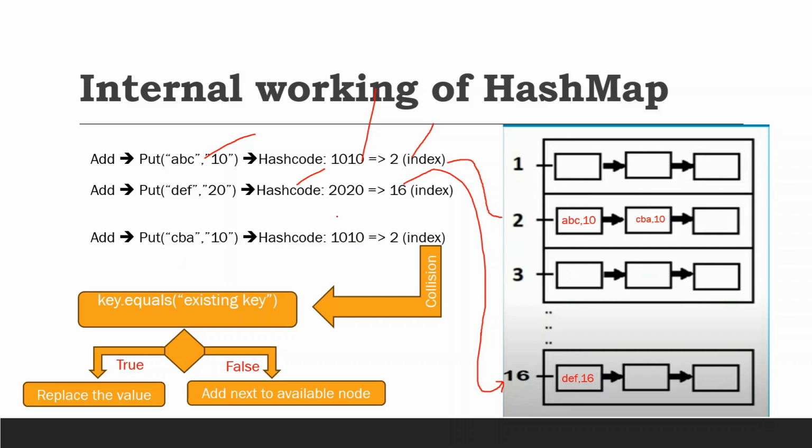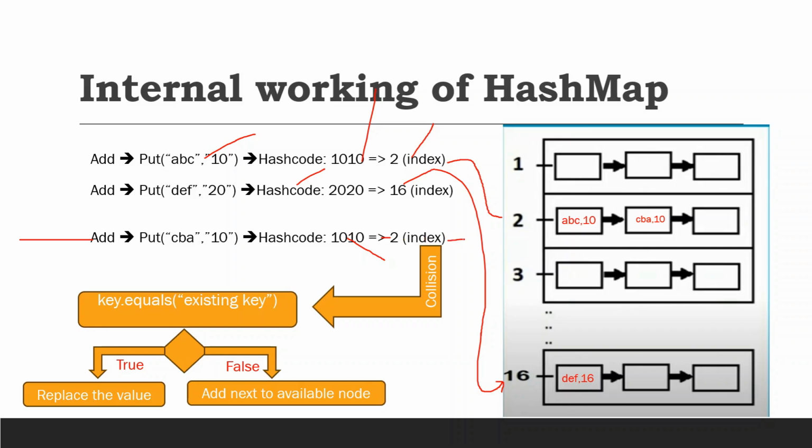So in our example we are considering that we are getting the 1010 hash code, which is the same. With that hash code, the JVM will generate the index, which is 2. So 2 is also the same, because the hash code is the same, so the index will also be the same.